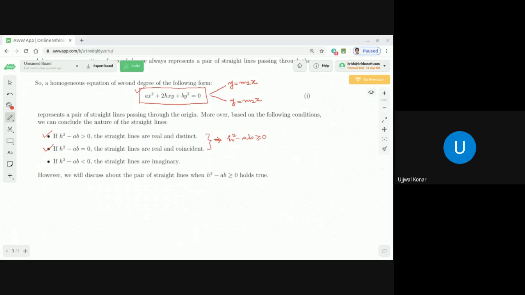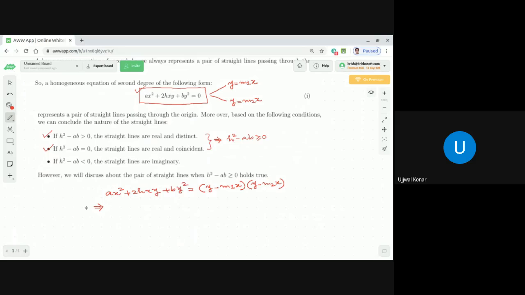So what are we going to get? Let's see. ax square plus 2hxy plus by square, you can represent as a product of two factors, that is y minus m1x and y minus m2x. Correct or not, dear students, from an algebraic point of view?